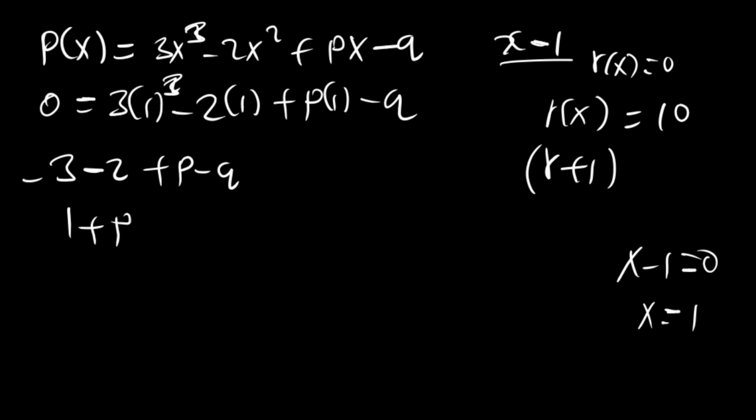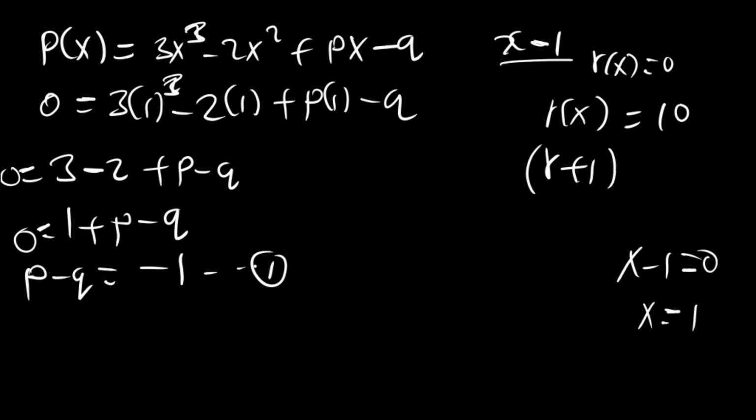Here I've got 0. So p minus q is equal to negative 1. This is going to be my equation 1. Any question? No question, right?